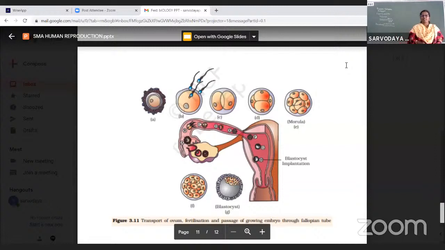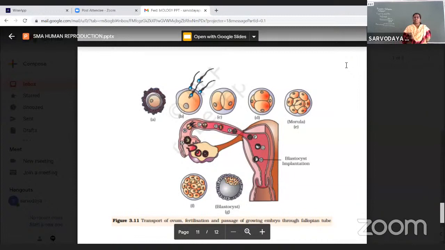So we all know that after fertilization, the zygote is going to undergo the process of development. The first development is cleavage. What is cleavage? Repeated mitotic division of the zygote to form a number of blastomeres. What are blastomeres?